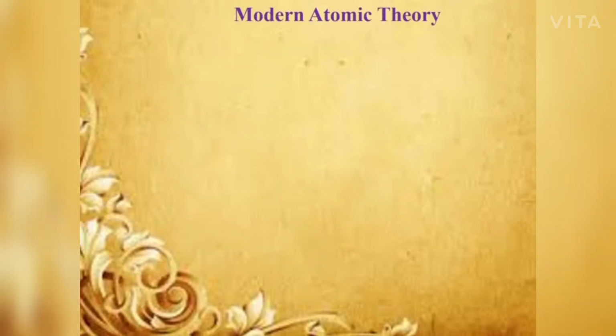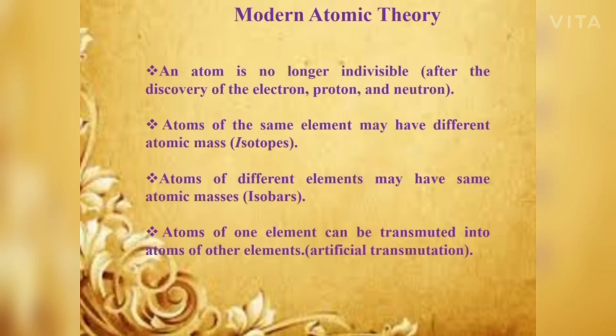Next term, modern atomic theory. The main postulates of modern atomic theory are: an atom is no longer indivisible after the discovery of electrons, protons and neutrons. Atoms of the same element may have different atomic mass but the same atomic number, which are called isotopes.